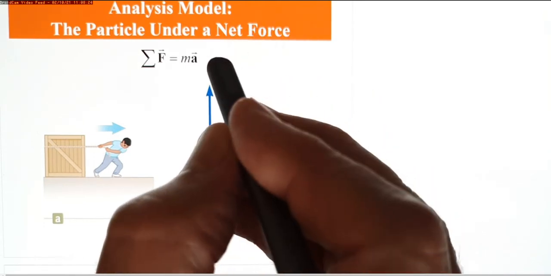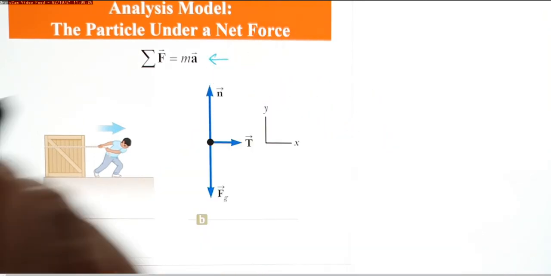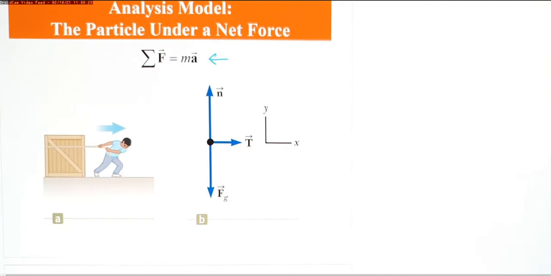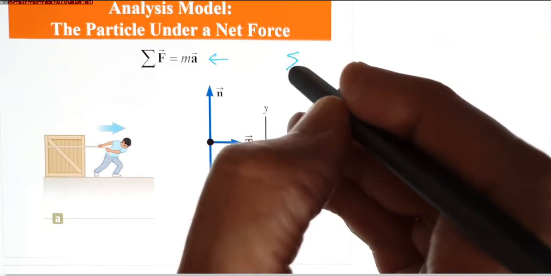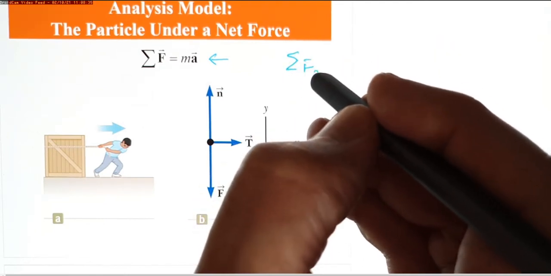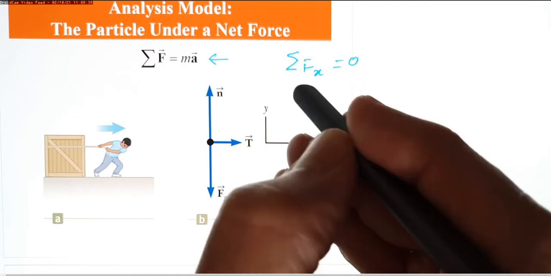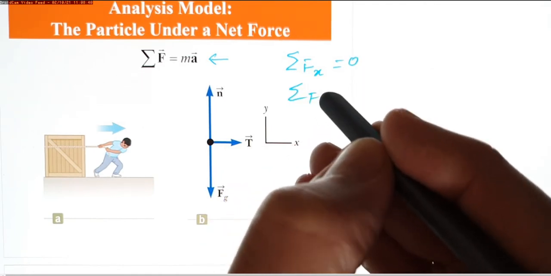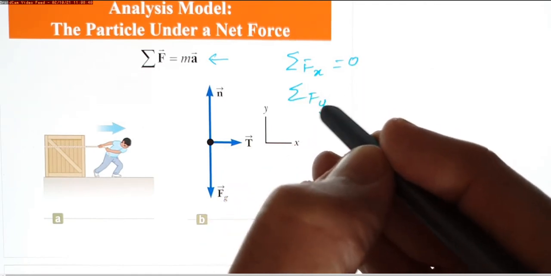So we can start with this equation as a general equation, and then we analyze it. Summation of forces in the x-axis is equal 0. Summation of forces in the y-axis is equal 0.